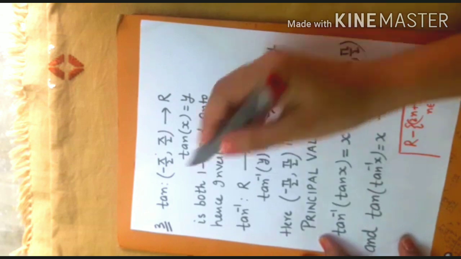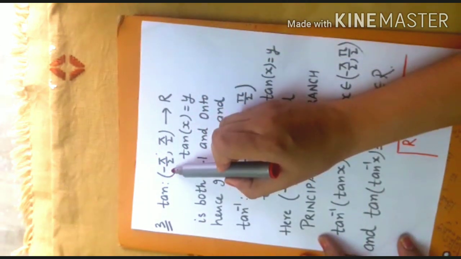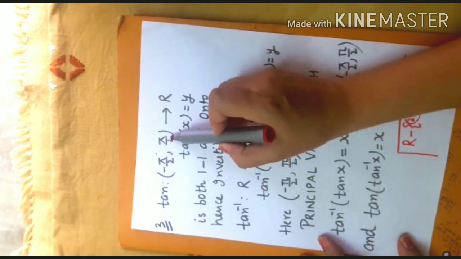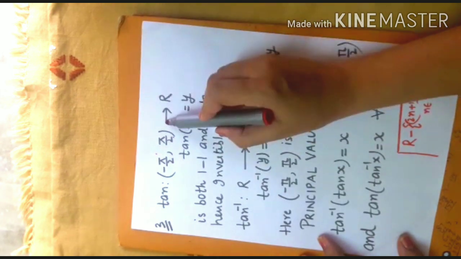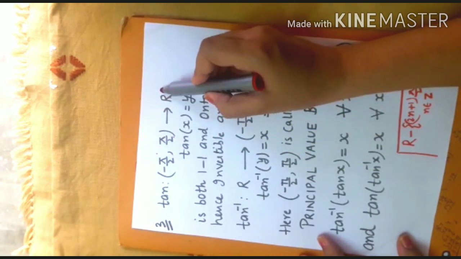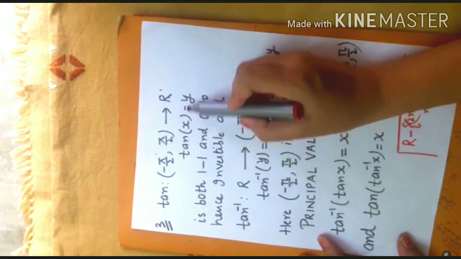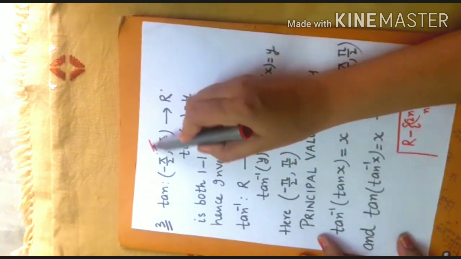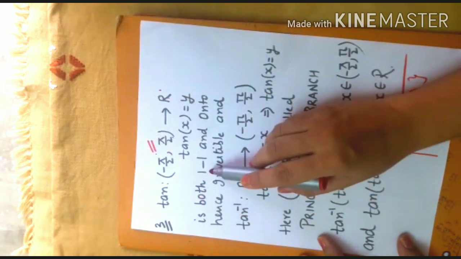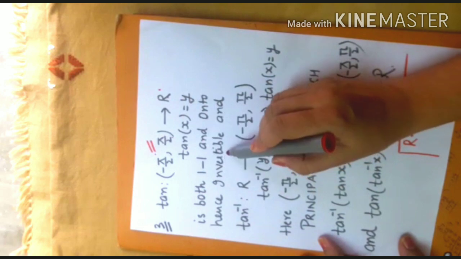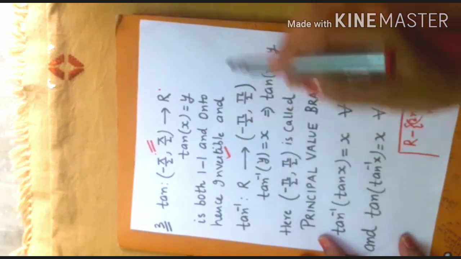So we restrict the domain of tan function to the open interval minus pi by 2 to pi by 2 to R, the codomain. Tan x is equal to y. On this restricted domain, the tan function is both 1 to 1 and onto, and hence invertible.